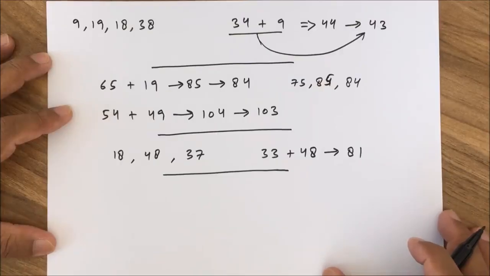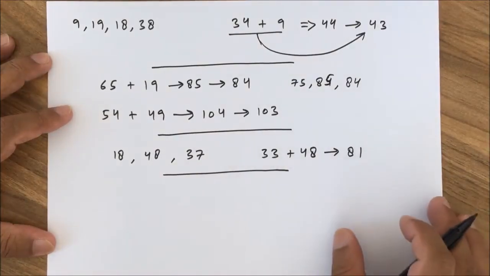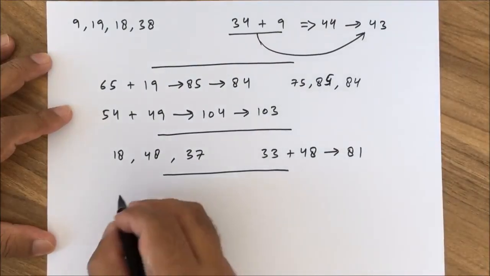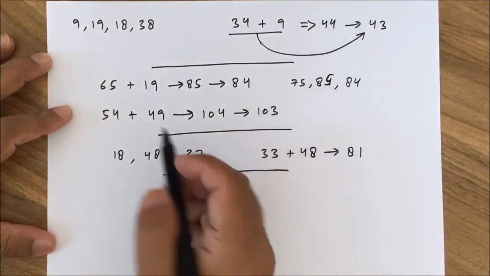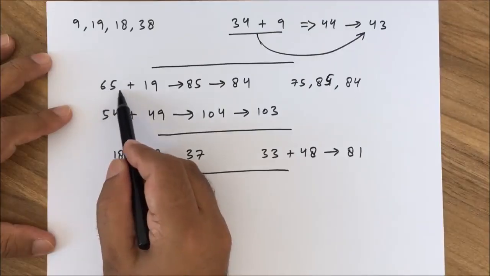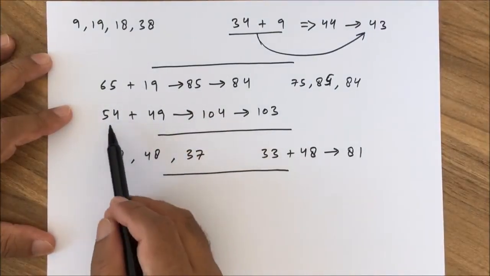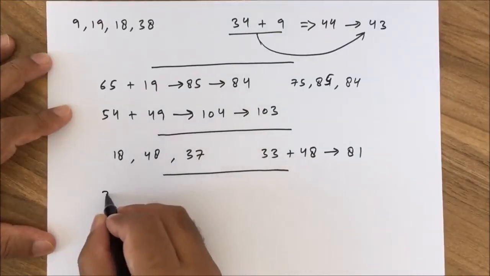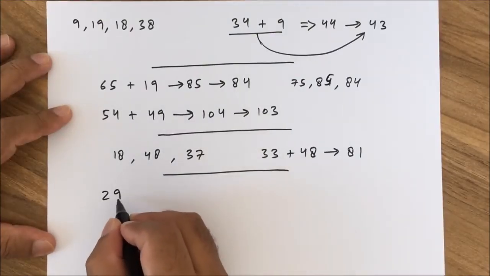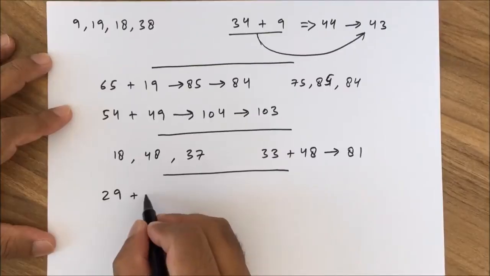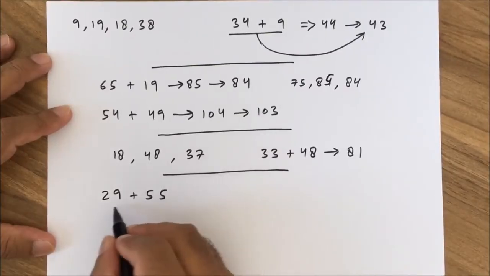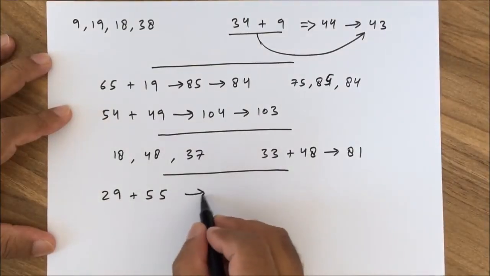I don't say that the numbers that end in 9 or 8 come after the other number every time. I did 65 plus 19, so 19 was after 65, and 49 was after 54. It's not necessarily the case every time. Let's say we do 29 plus 55, it's the same thing.